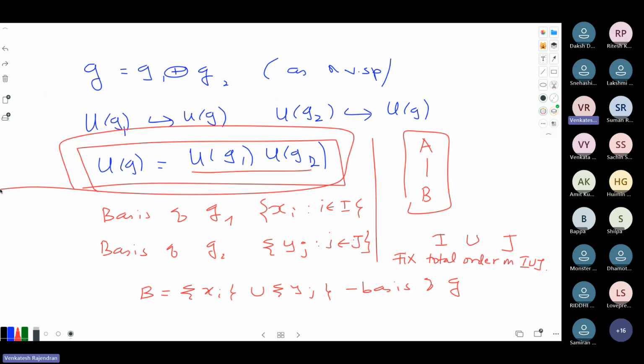And now you can repeat this for any k number of subalgebras. You take G to be G1 direct sum G2 direct sum etc. direct sum GK, but this direct sum is as a vector space.